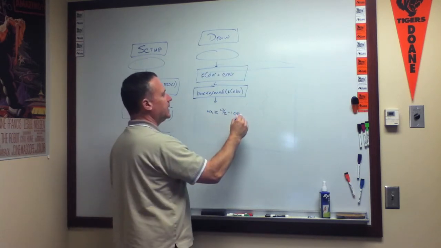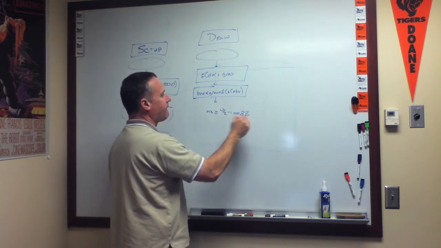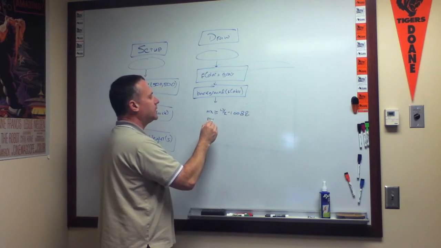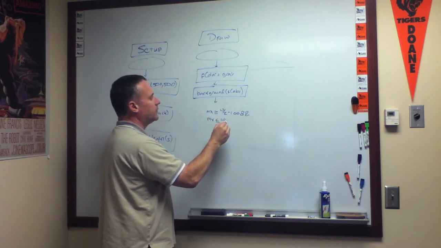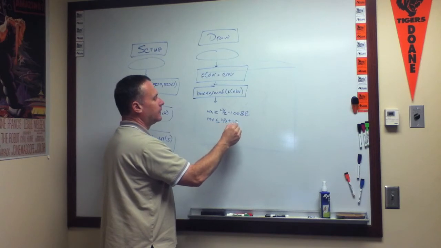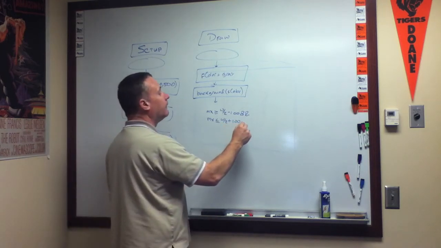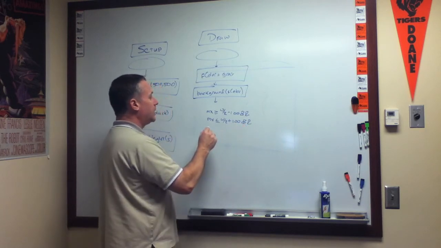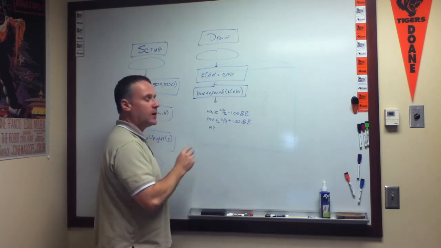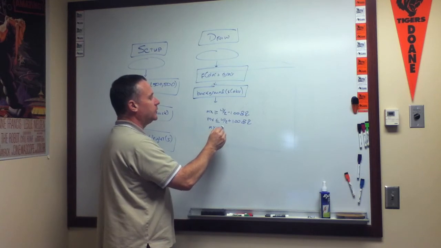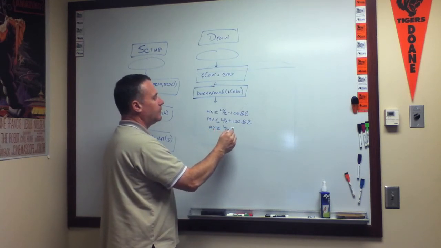And at the same time, mouse X has got to be less than or equal to the right vertical line, which we said was width divided by 2 plus 100. And then we have our mouse Y pieces. The mouse Y has got to be greater than or equal to height divided by 2 minus 100.